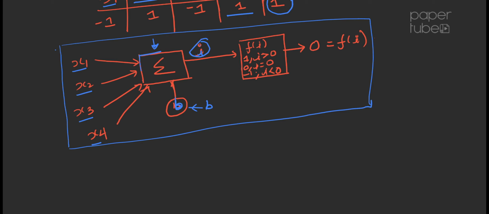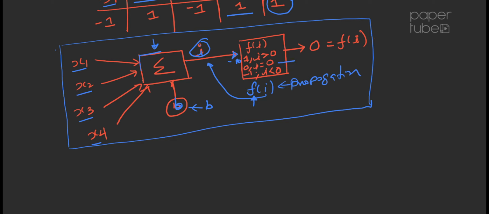And then the net input will be fed into a box that contains a function f of I, where I is the net input. We call this the propagation function. The rule for the propagation function is: if the I value is greater than 0, it's going to fire an output of 1.